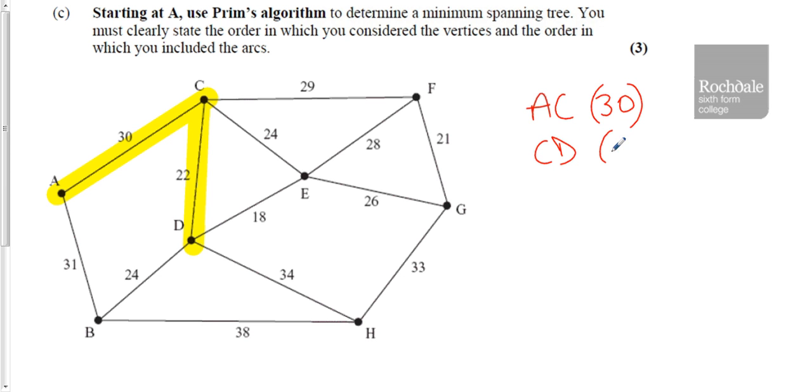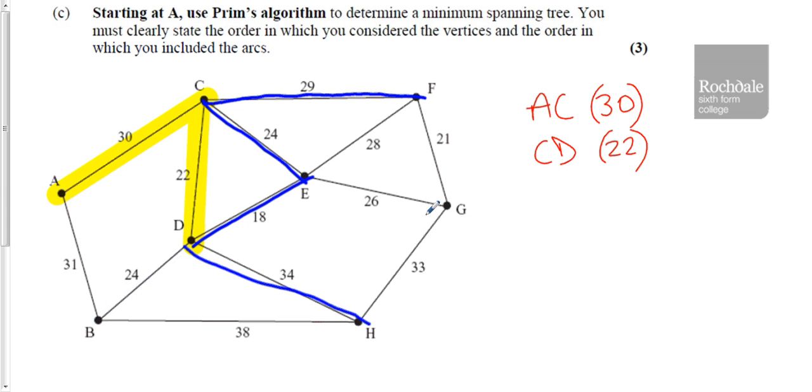So CD, 22. Once again, I'm going to run through all the options I have, and the options will be all edges which connect a new vertex to my current tree. And my current tree has two edges, three vertices. So I could choose AB 31, or DB 24, or DH 34, or DE, which is 18, or CE, which is 24, or CF, which is 29.